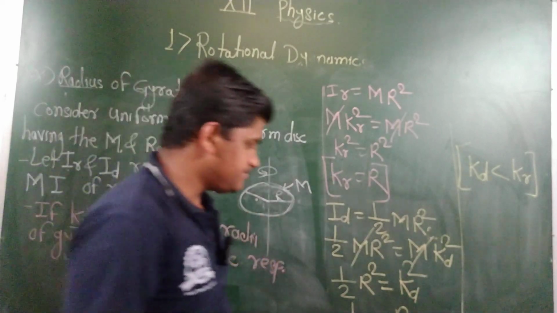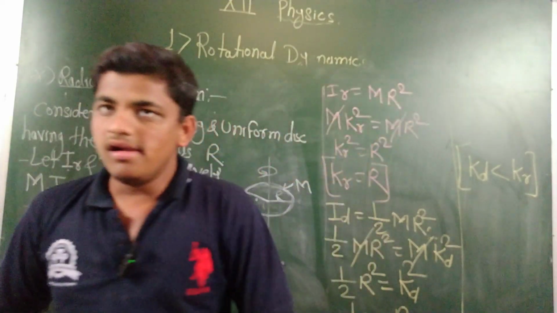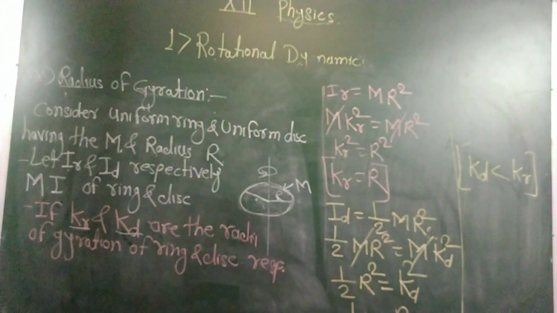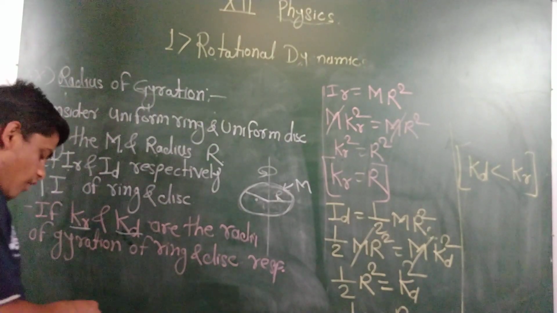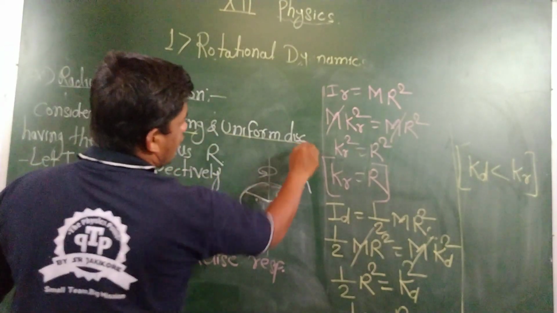This is all about the radius of gyration, and we just compared the radius of gyration of the uniform ring and the uniform disk.